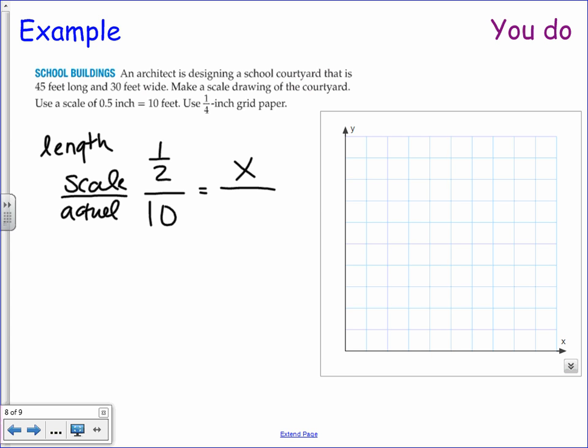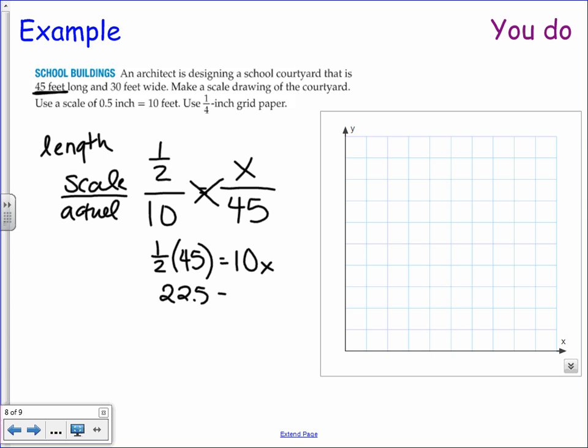And the actual length is 45 feet long. All right, and then we solve. We get 1/2 times 45 equals 10x. 1/2 of 45 is 22.5. And divide by 10, you get 2.25 equals x.